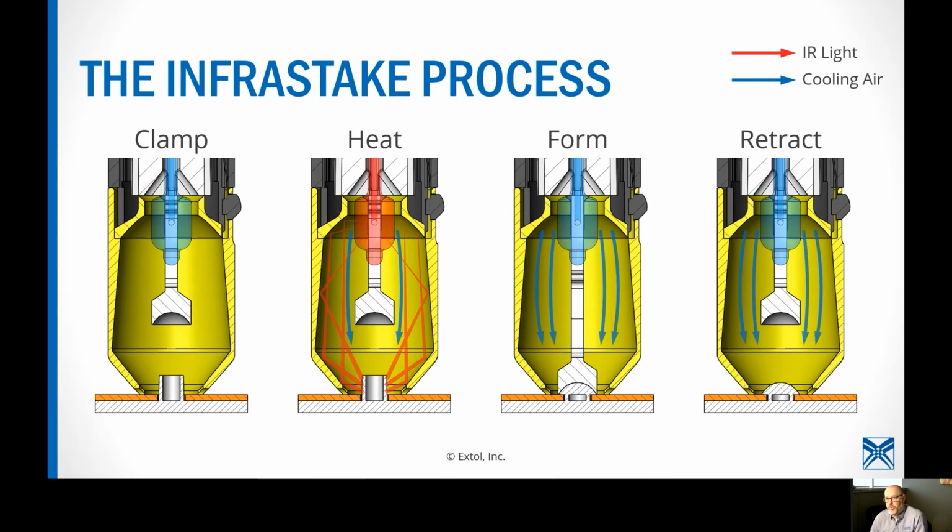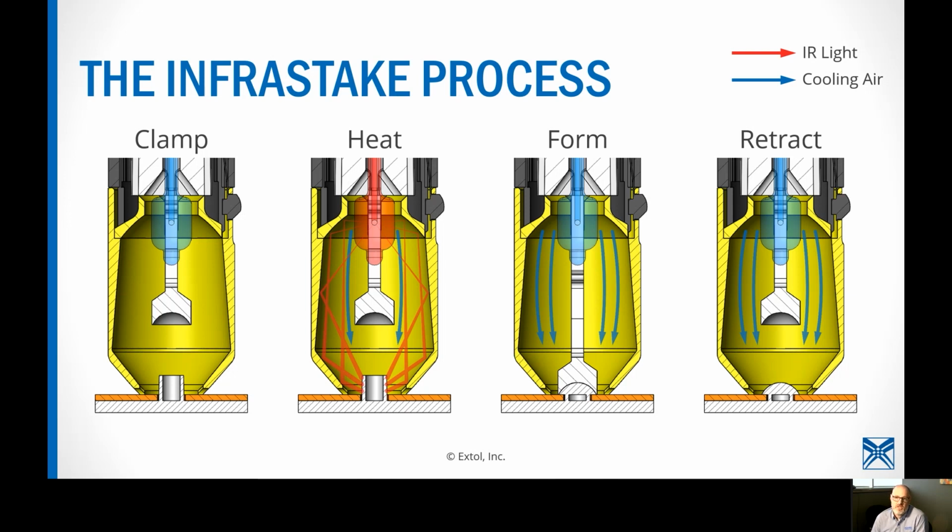Let's talk about the InfraStake process for just a minute. Very simple. We break it down to a 4-step process, and I'm going to start introducing some unique features at this point. You'll notice in this first step, we're actually calling the first step of the process clamping.